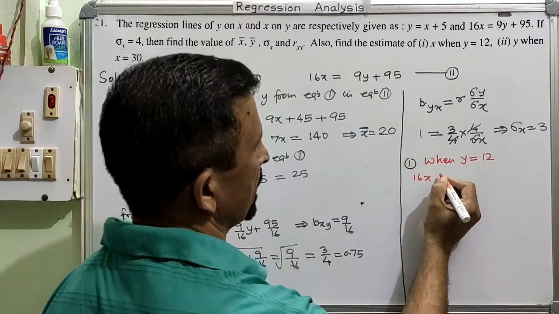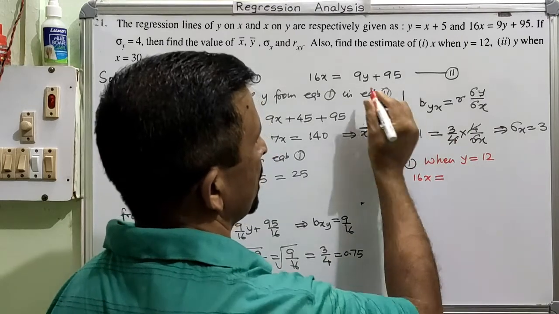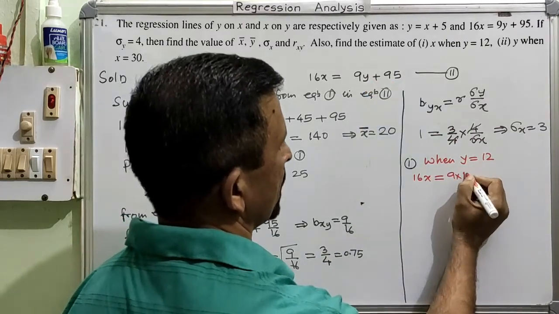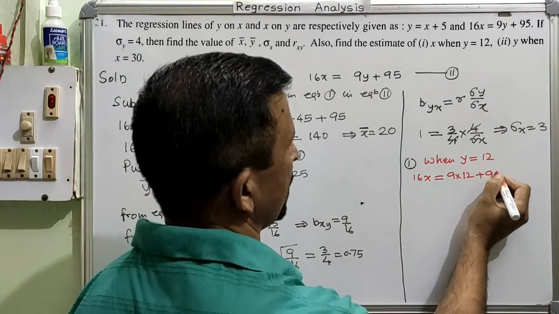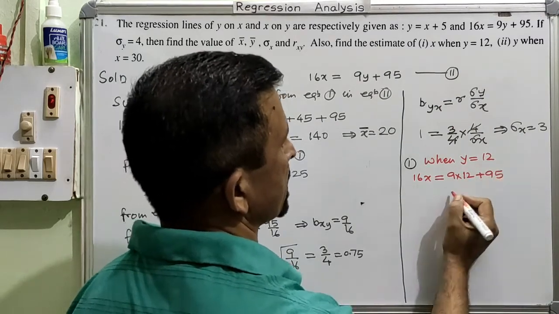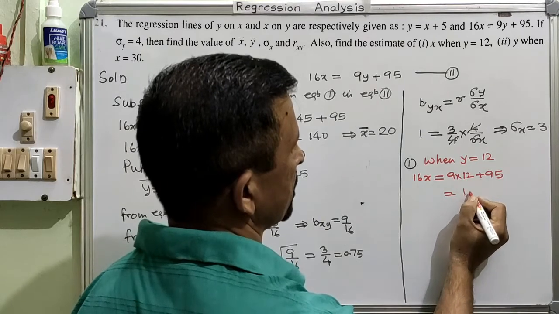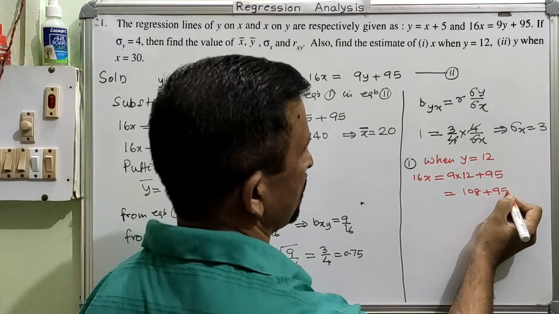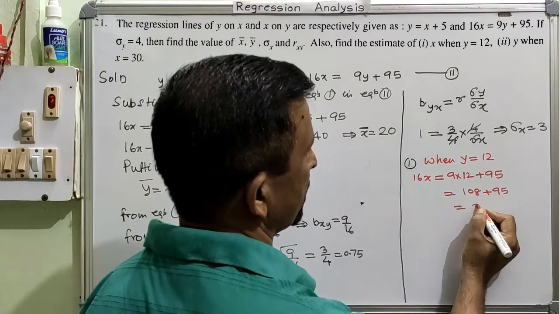Okay, so let us put it. 16x is equal to 9 into y, y is 12, plus 95. Now this is 108, 12 nines are 108, and plus 95. This will come to 203.